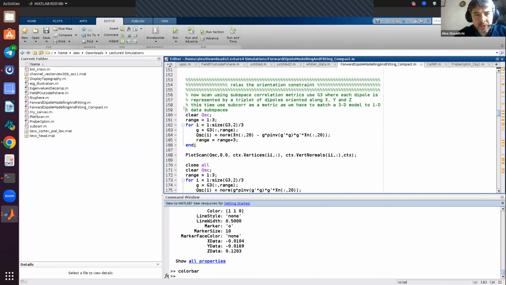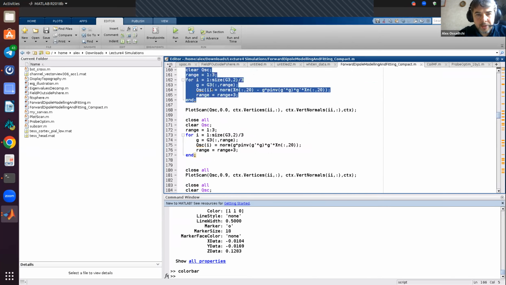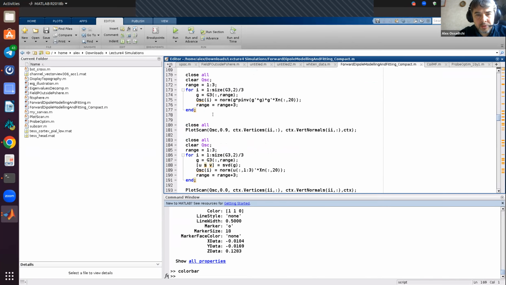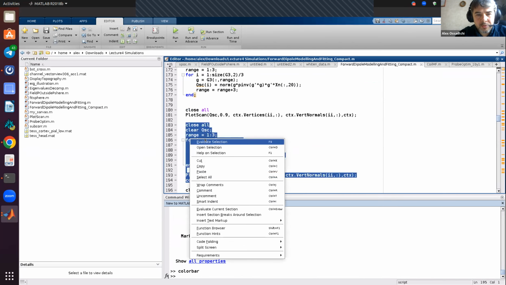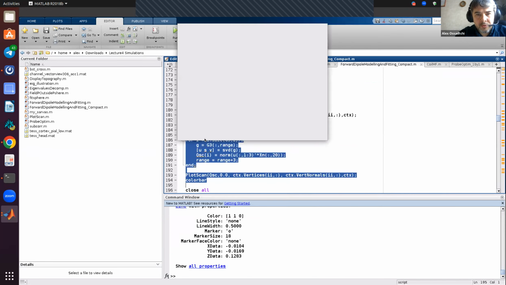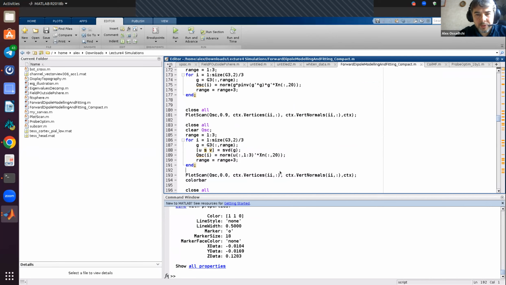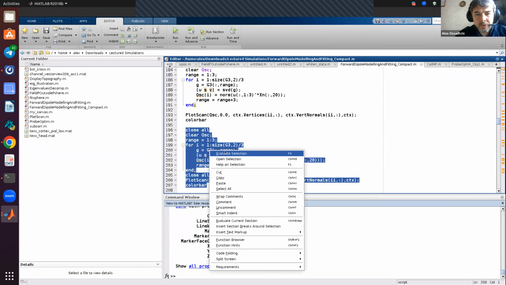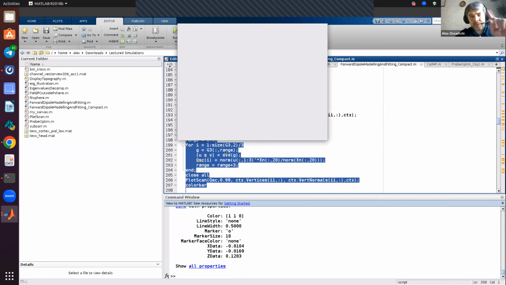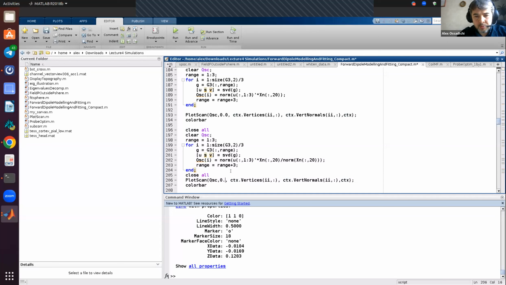So we relaxed the orientation constraint. This one is normalized, so let's use this one. We computed the subspace correlation. Let's threshold at 0.1.